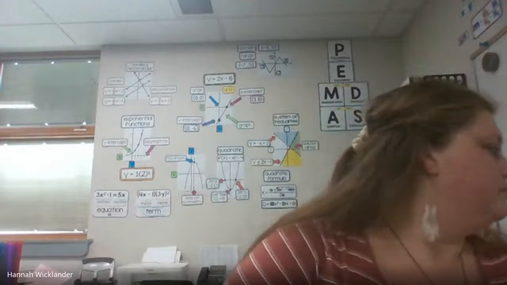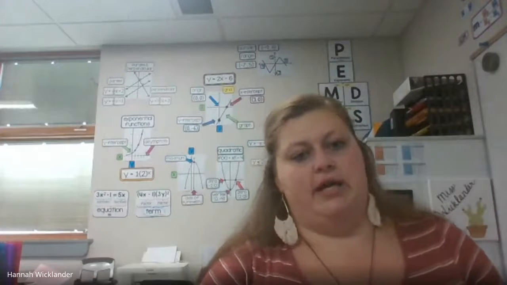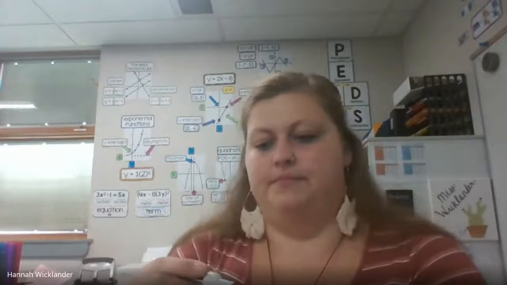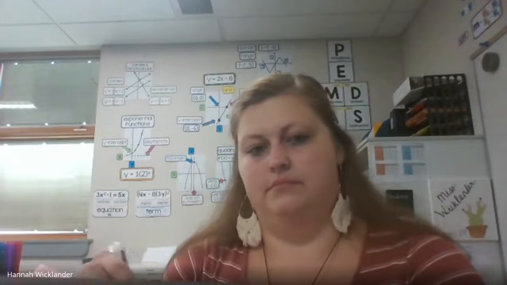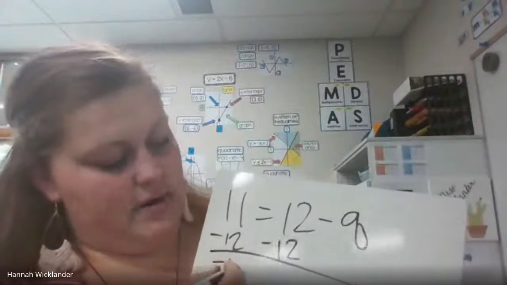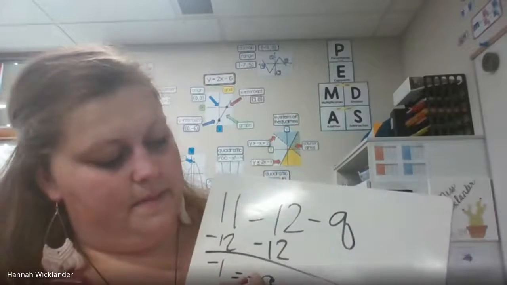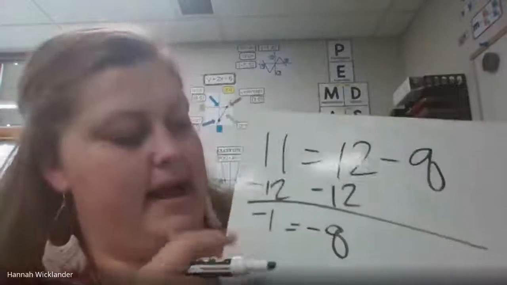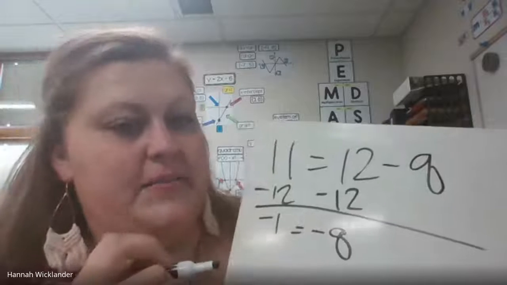Okay. So you have 11 equals 12 minus Q. And you want to get Q by itself. So you're going to subtract 12 from both sides. 11 minus 12 gives me -1 equals negative Q. Now I have a negative Q and I want it to be positive.